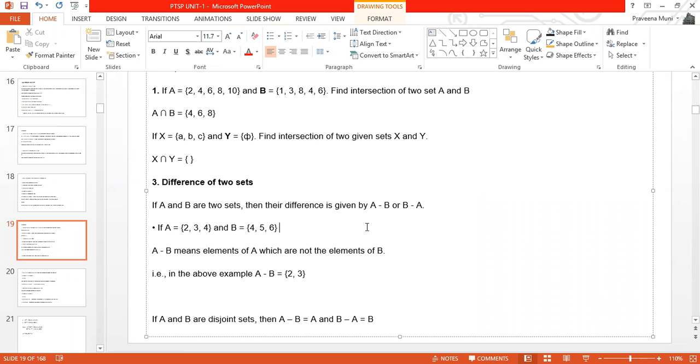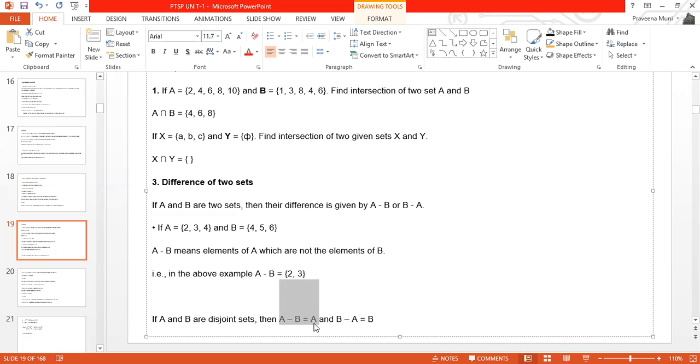Okay. So if A and B are disjoint sets, then what is that? A minus B is equal to A only. B minus A is equal to B. Yes or no? A minus B means what? The elements of A which are not present in B. If A minus B is equal to A, it means no element of A is present in B. So it means that these are disjoint.